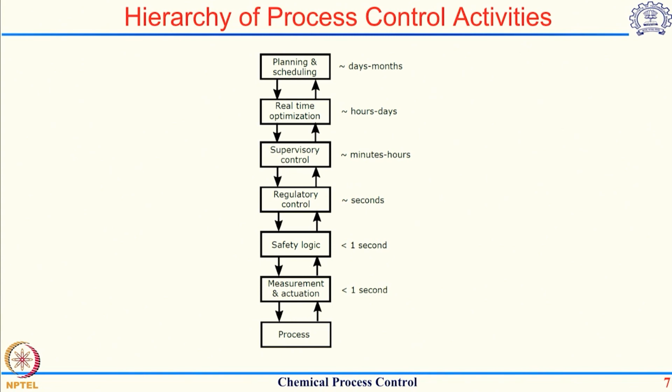So let me explain all these hierarchies with a simple example of a CSTR, which is going to carry out a reaction which generates some gaseous product along with a liquid product.